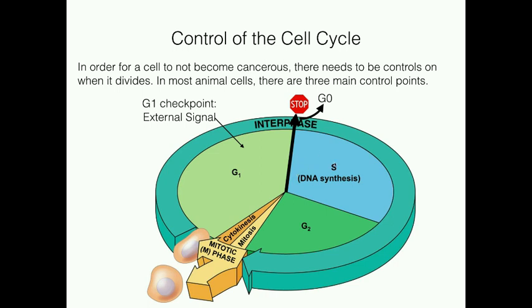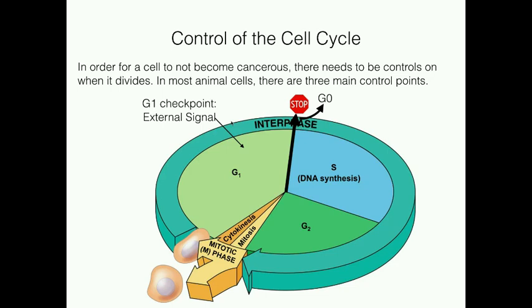There's no point in doing that. And so it will then go into a phase called G0, which is basically it just stops there and continues being a cell, but it's never going to reproduce. It's never going to divide. It's just going to continue doing its cell thing.